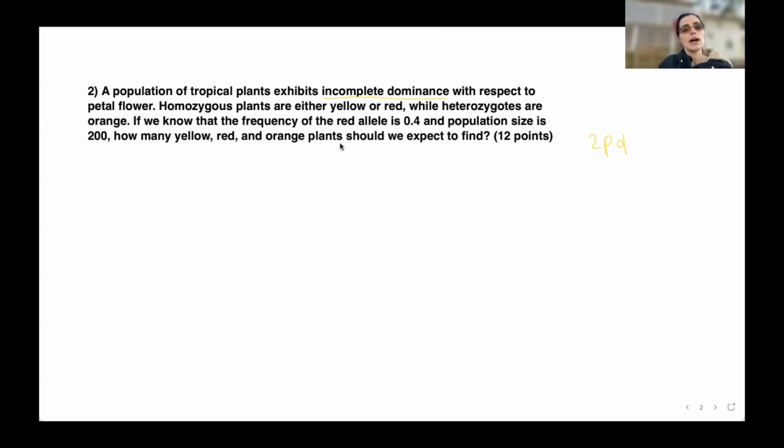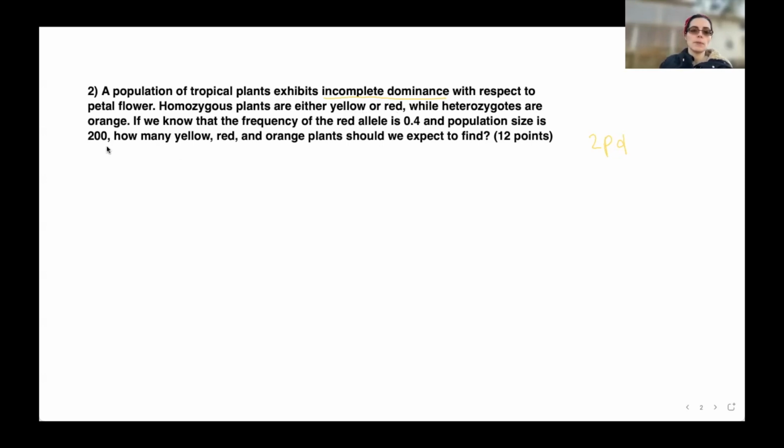So when you have incomplete dominance, you can just assign alleles to p and q, right? Because generally we use q for recessive and p for dominant. Here we have basically two dominants or two incompletely dominant alleles.